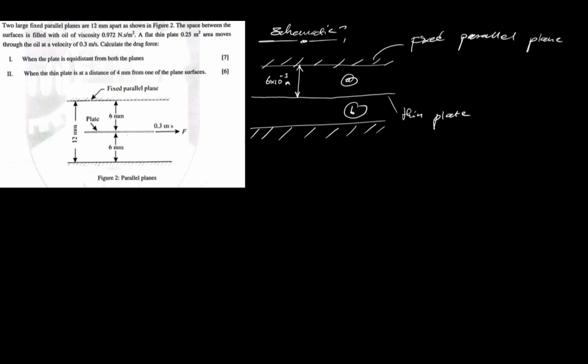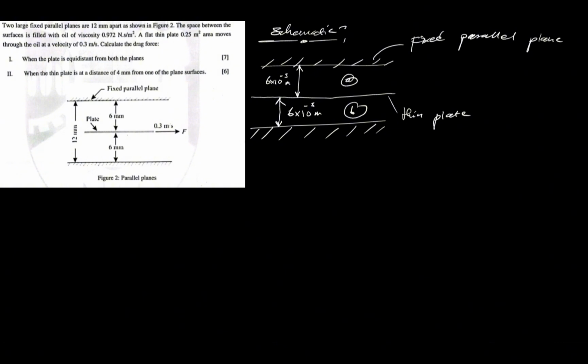In a similar manner, for the bottom section, the distance from the thin plate to the fixed plane is the same, 6 by 10 to the minus 3 meters.